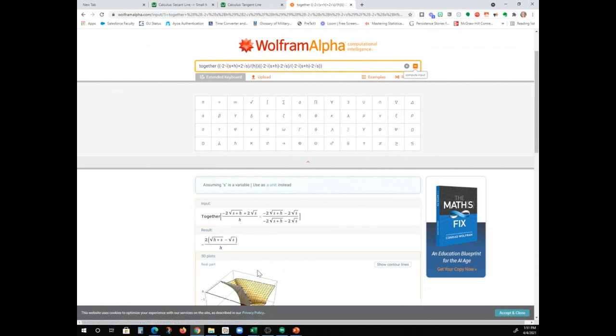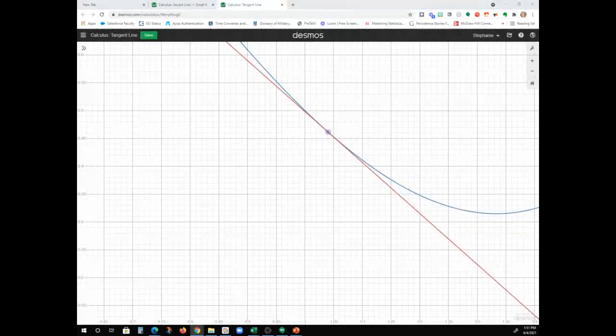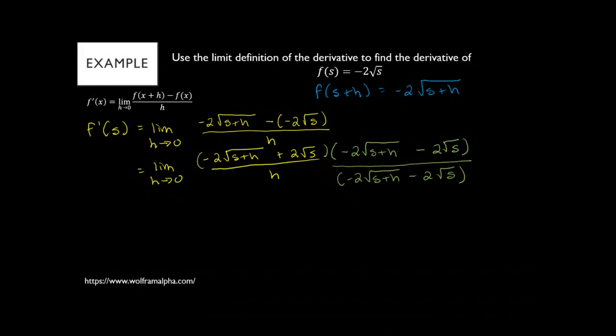So, move this over so I can copy this. So we simplified this thing, just making sure that I plugged everything in correctly. Minus, minus.